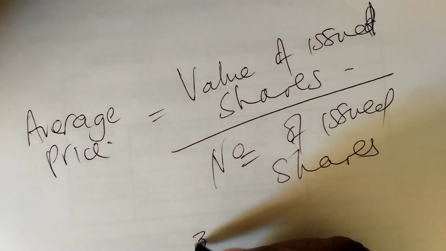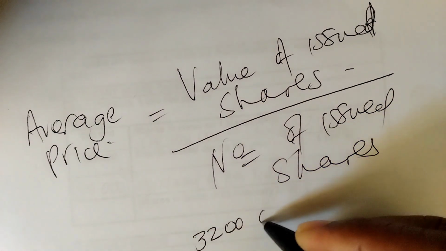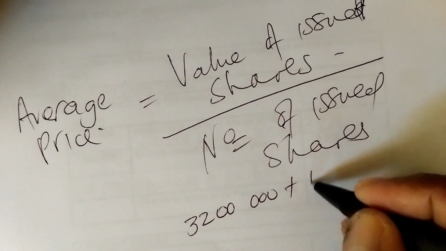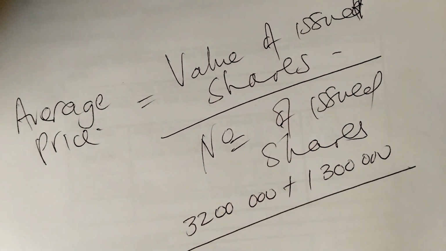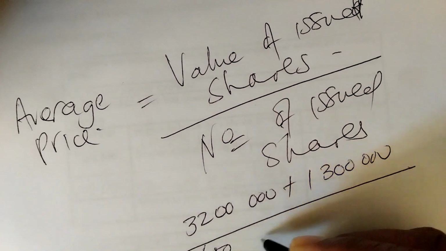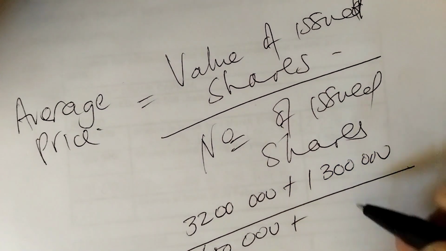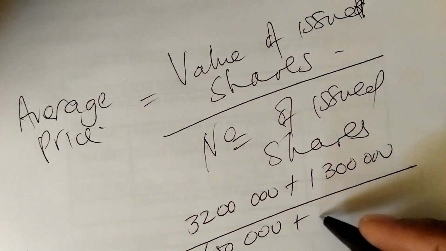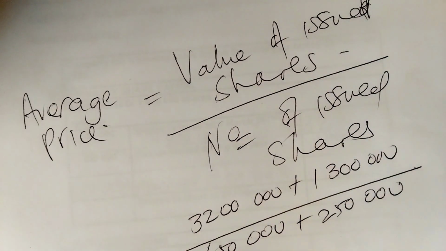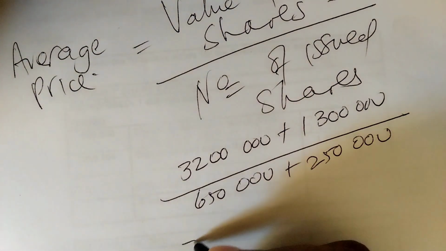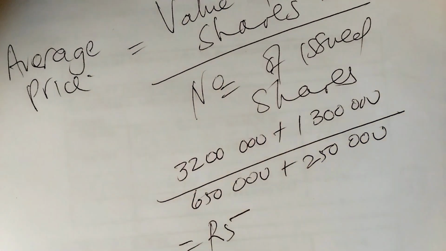So you're going to say your value of issued shares, it's 3.2 plus 1.3 over number of issued shares, it's 650 plus your 250. Now, if you make your calculation on this, you're going to see that the average price is actually 5 rands.